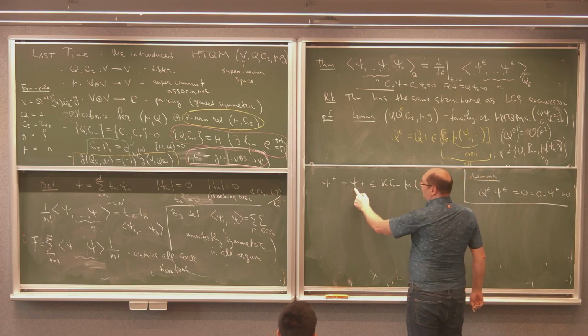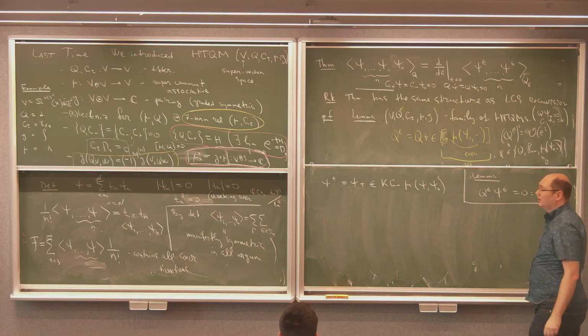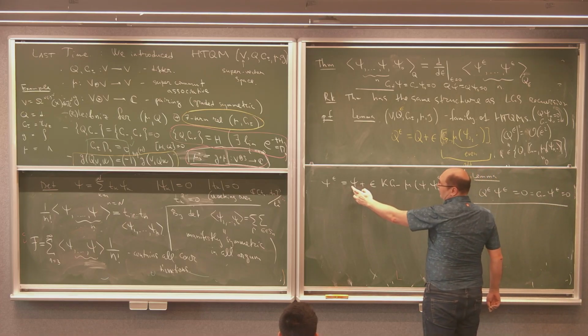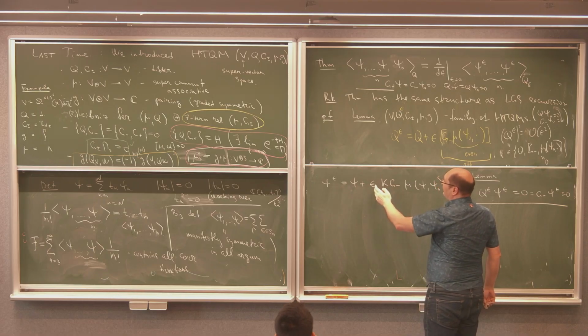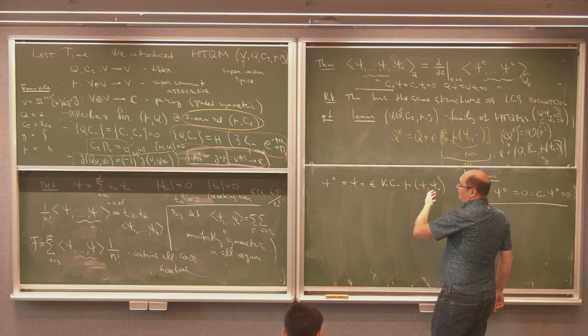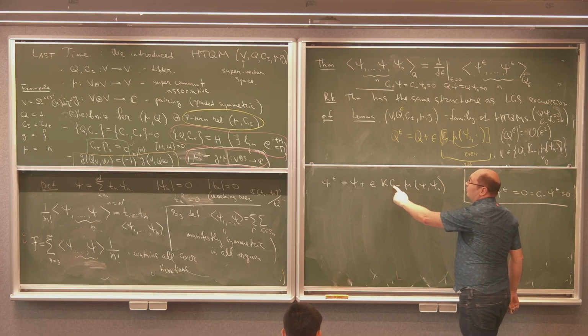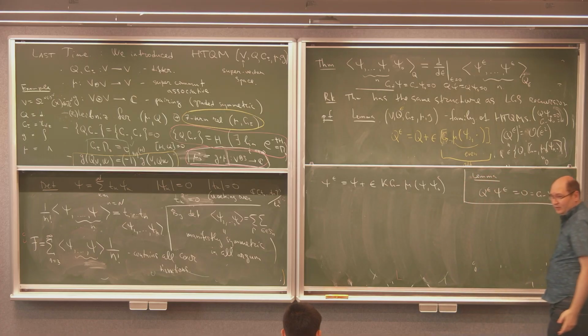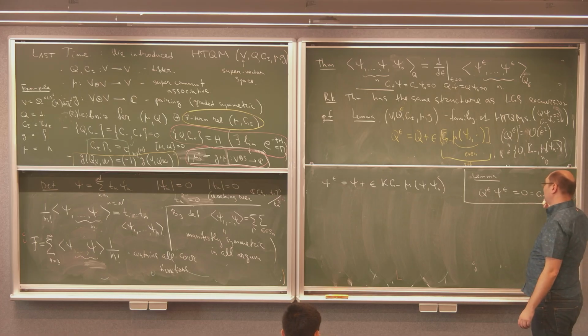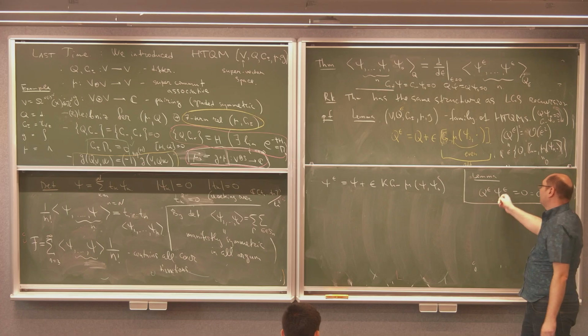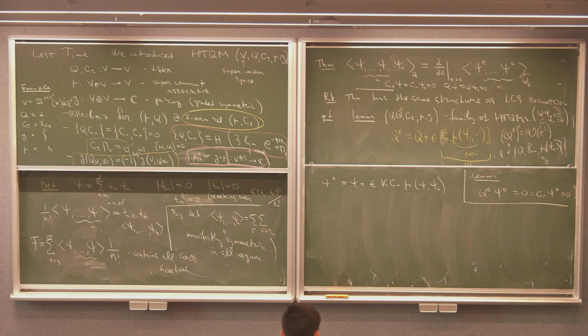Applying G minus to both sides of this relation, G minus acting on psi is 0 by definition of psi, and G minus acting on this term is 0 because G minus commutes with k and G minus squared is 0. So that property is trivial, while the other property requires a careful computation.